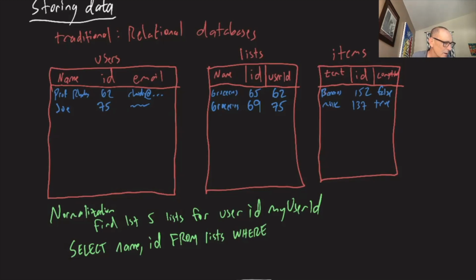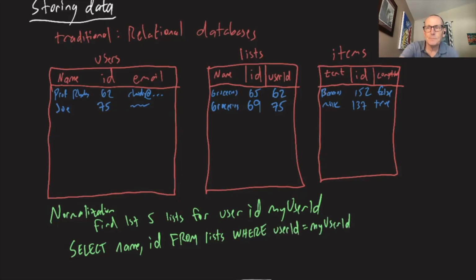We want a subset of the lists. Basically, what we want is the user ID from the table to equal my user ID, whatever that was. In this case, it'll be 62. So somehow we already knew a user ID. Maybe we want to add a couple of other things in here.